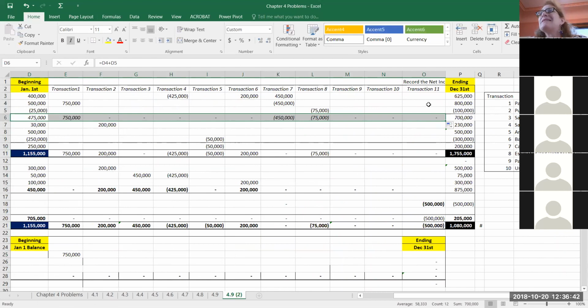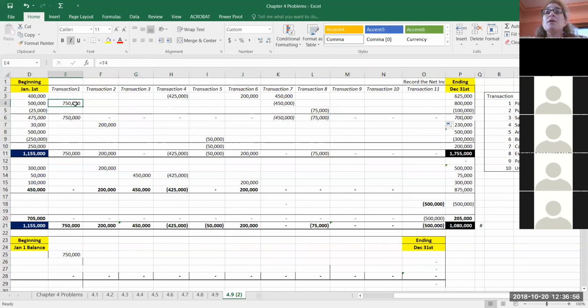But then we came along and said, I don't think we're going to get all of that. We're looking at these particular patients, and we just don't think we're going to get paid that. So we're going to say that we're not going to get all that $750,000. We're going to get less. So what would we have to do if we wanted to adjust our financial statements for that reduction in receivables?